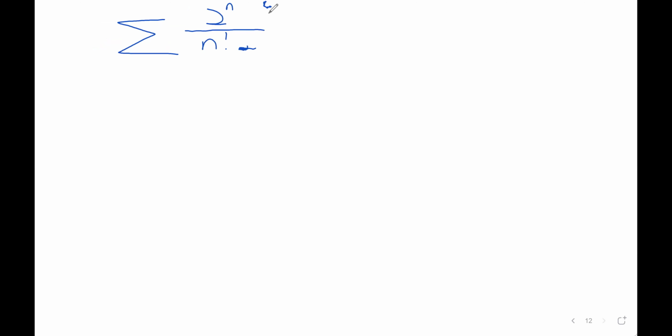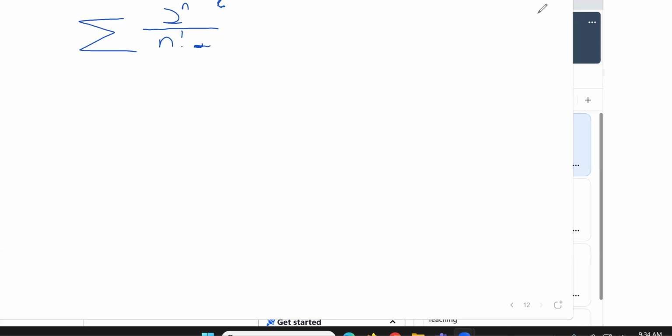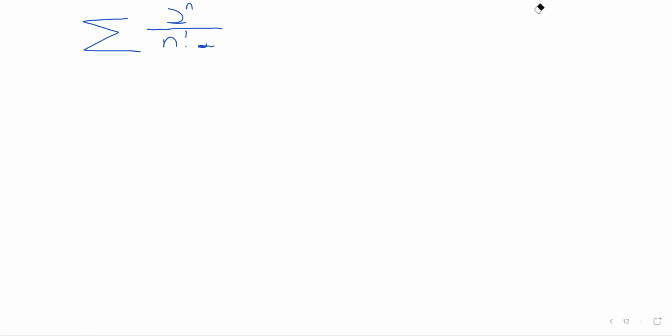The n factorial is trying to make this fraction into 0. So we have these two things that are both getting really big really quickly, and they're fighting each other. And we might not have a lot of intuition about which of them is going to win that fight.